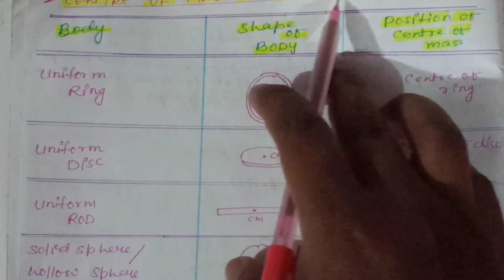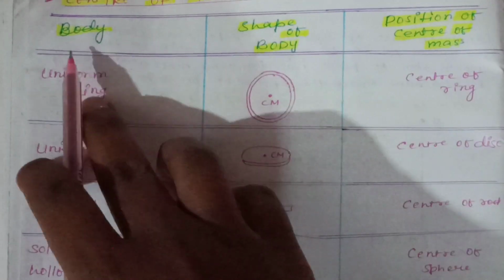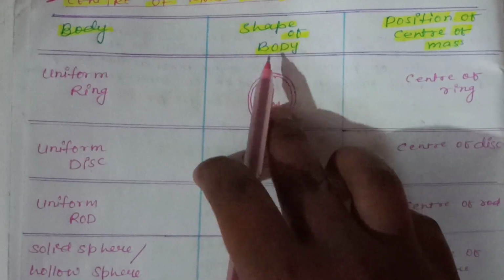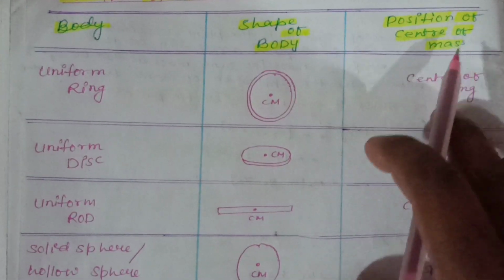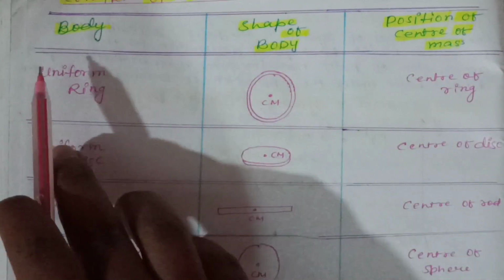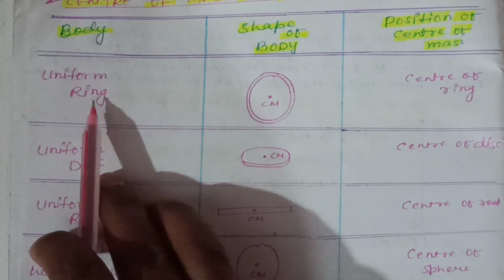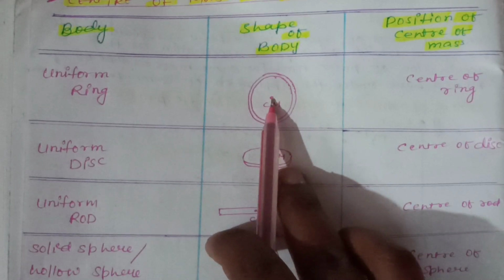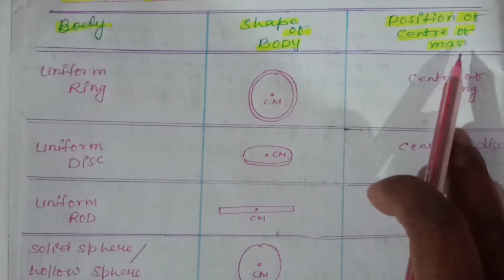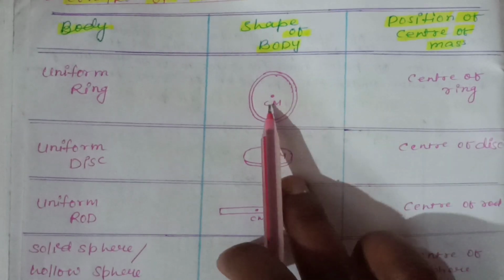Center of mass of some common objects. Body, shape of body, and positions of center of mass. Uniform ring: center of mass at the center of the ring.